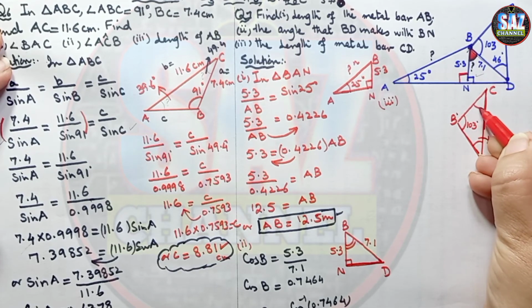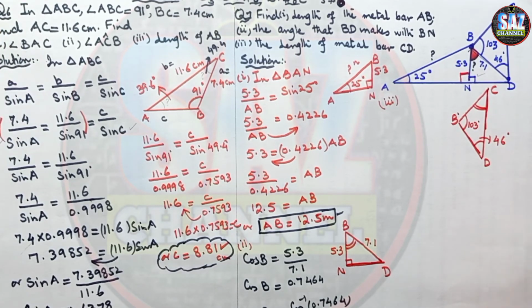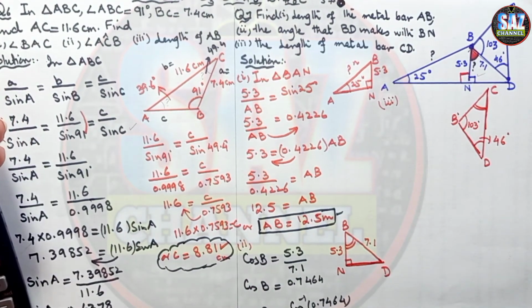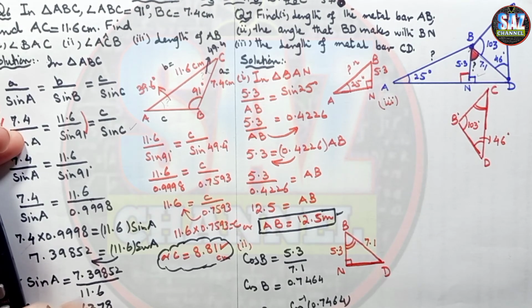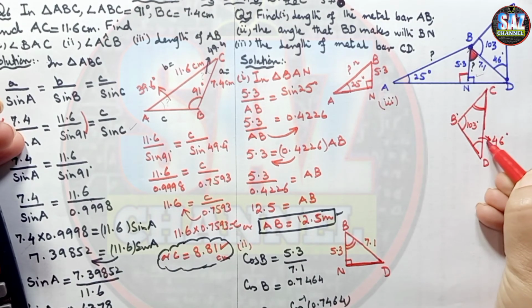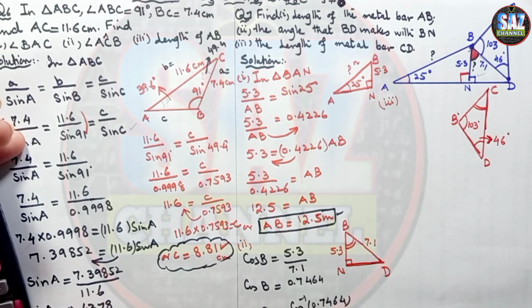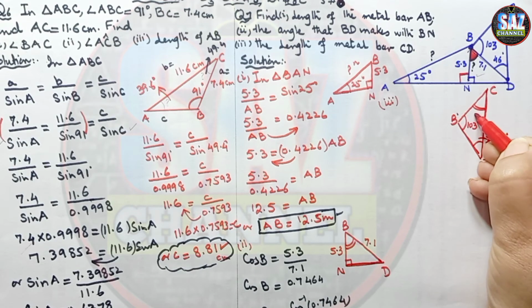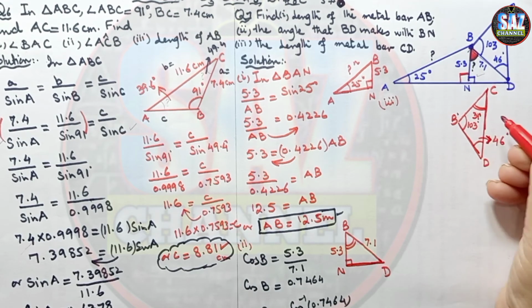If I want to find this third angle, I can easily find it by subtracting the sum 103 plus 46, which is 149, from 180, and this gives me 31 degrees. This angle is of measure 31 degrees.